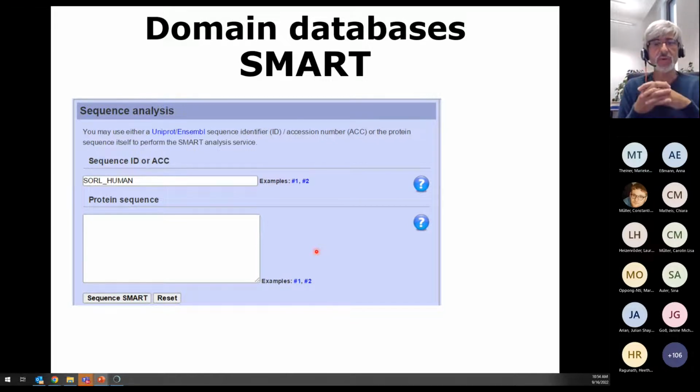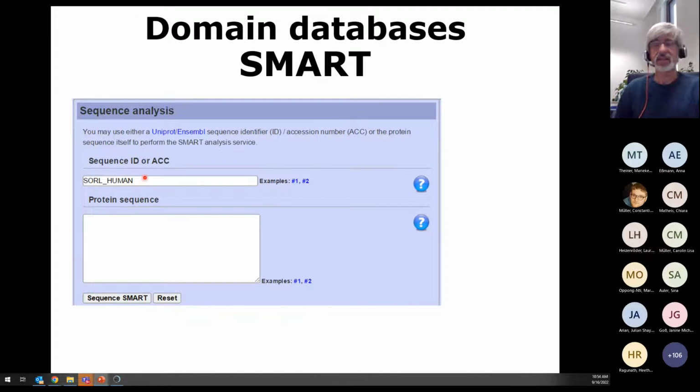Say that we are looking at a protein sequence for which we don't know the structure. Still, they can apply the profiles that they have generated. Here I'm querying this website with the identifier in a database of a particular protein, SORLA, the human protein.